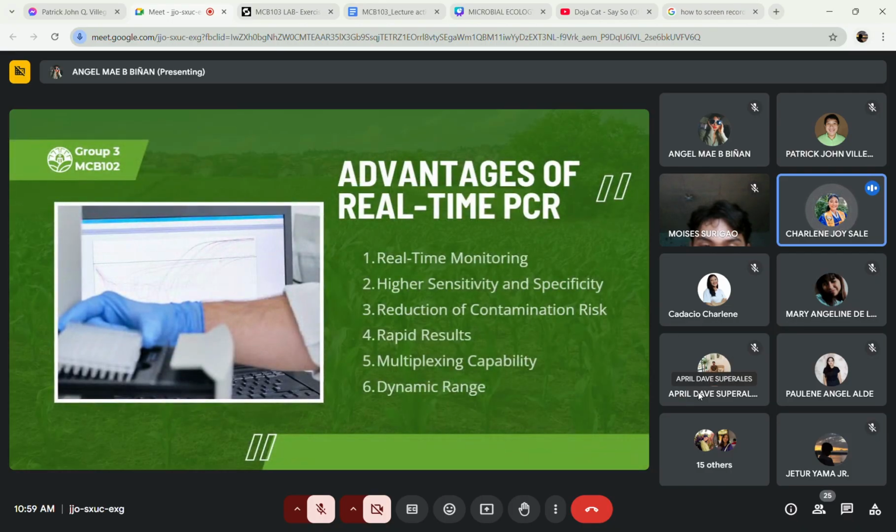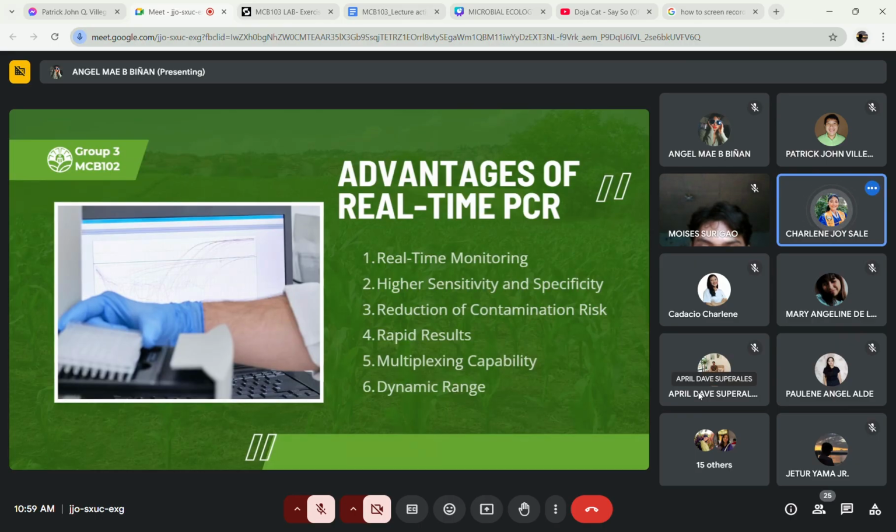So now we have here the advantages of qPCR. First in our list is its advantage in real-time monitoring, since it monitors the target sequence in real time. And then next is higher sensitivity and specificity. And then there is reduced contamination risk, since the entire process from amplification to analysis is performed in a single reaction tube.